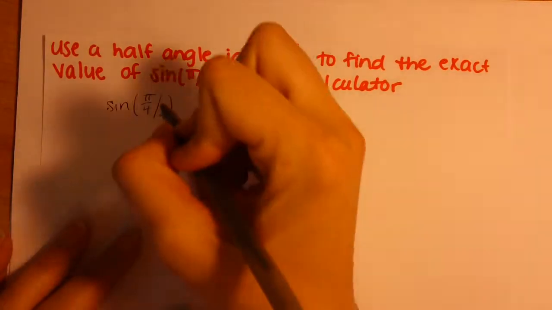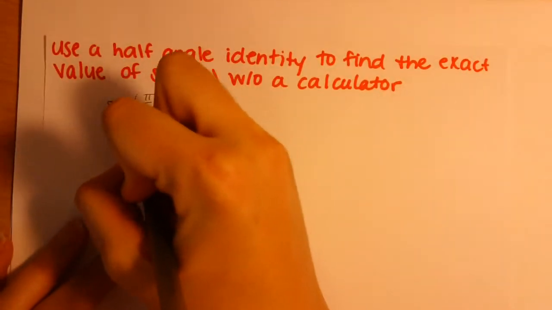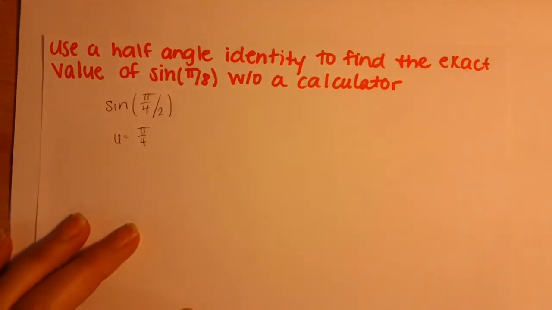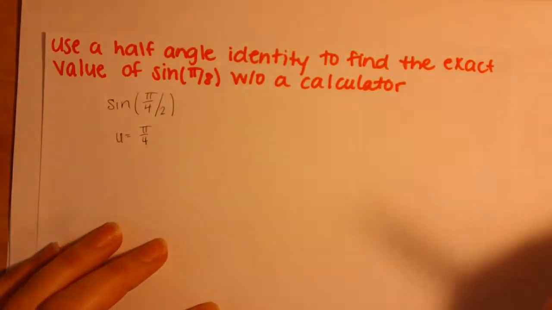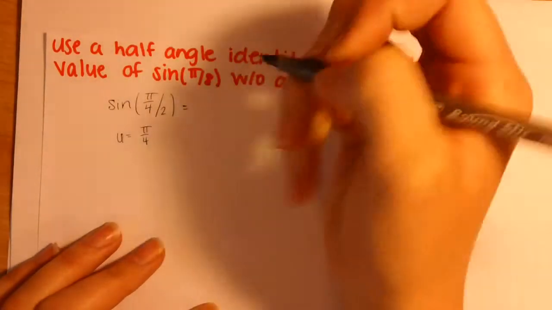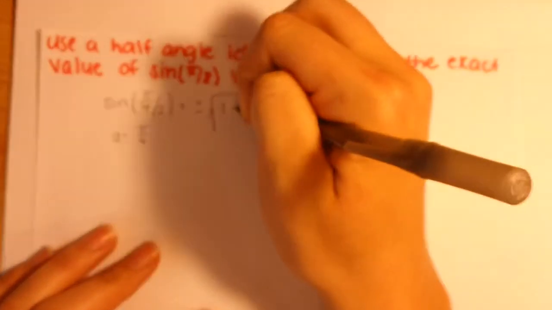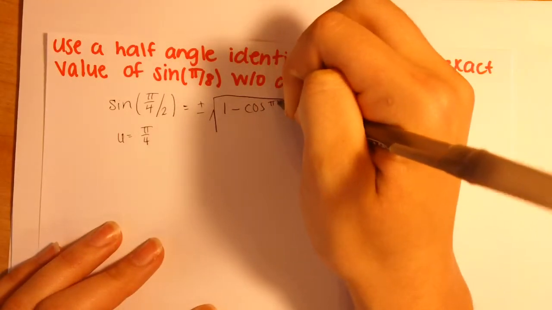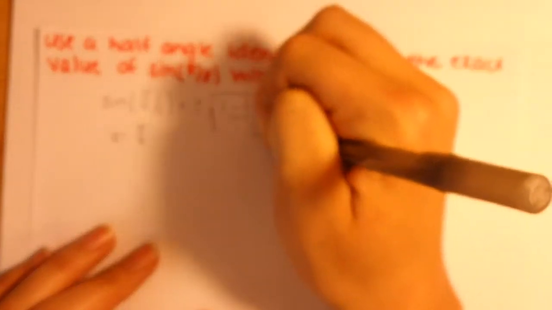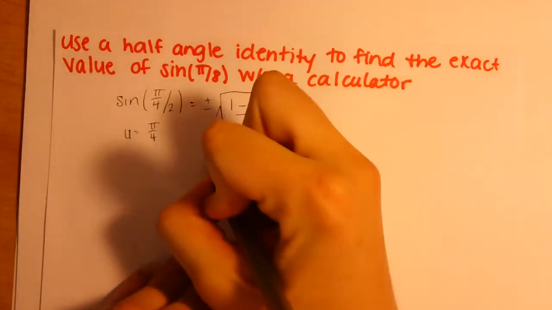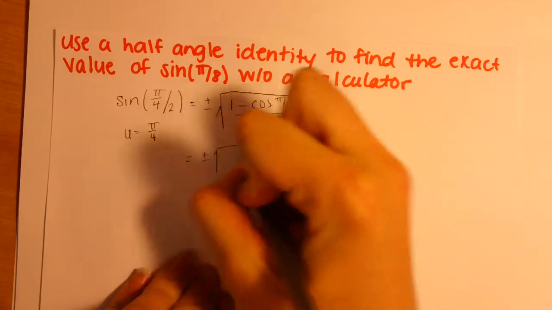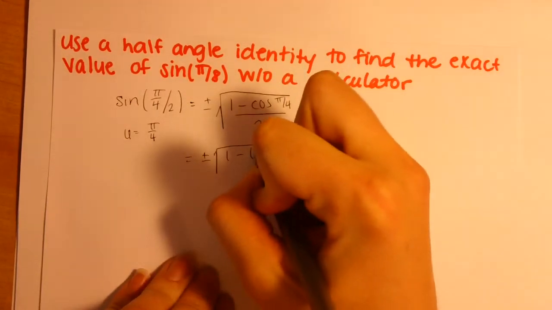So now our u equals pi over 4 when we're doing u over 2. So we use the identity for sine, which is 1 minus cosine of u, where u is pi over 4, all over 2. And we know that the cosine of pi over 4 equals the square root of 2 over 2.